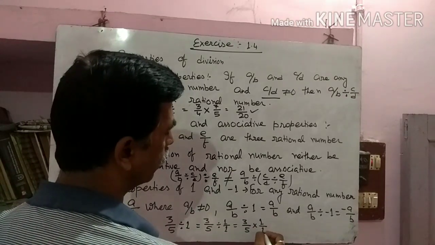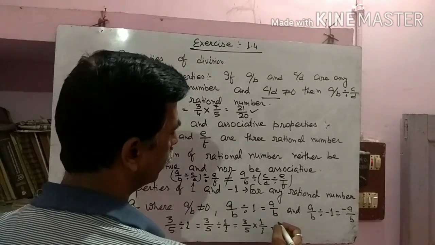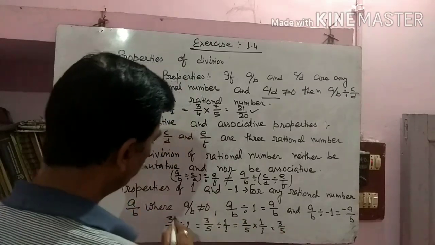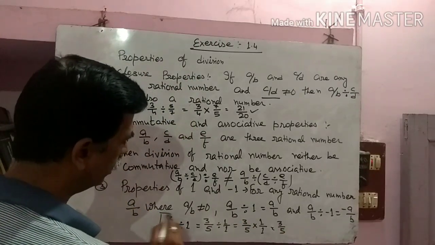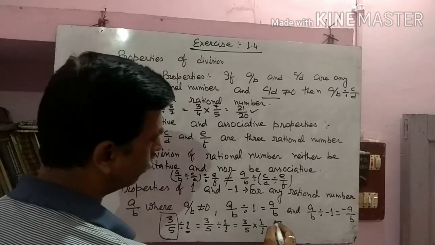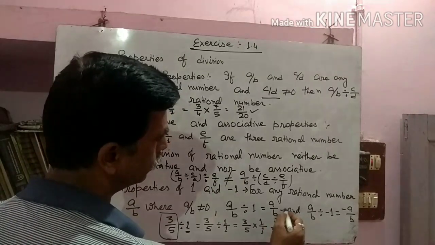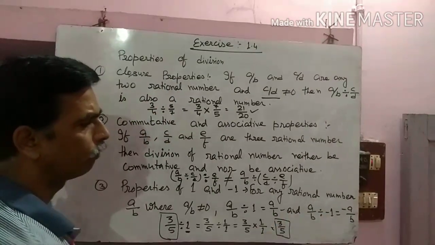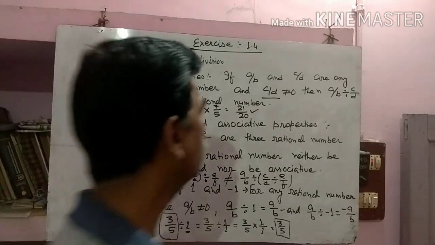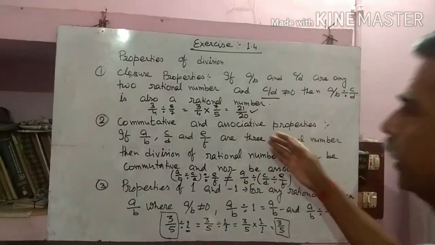So again it will be 1 by 1, and 3 into 1 becomes 3, and 5 into 1 becomes 5. So a by b divided by 1, the value will remain a by b, as we have discussed. Similarly for minus 1 also. Okay, so pause the screen and write this.